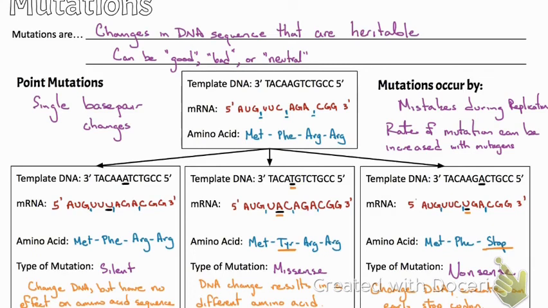Key takeaway from here is to note the difference between these three types of mutations that we've talked about. Silent mutations have no effect on the amino acid sequence. Missense mutations change an amino acid in the sequence, and nonsense mutations create a stop codon.